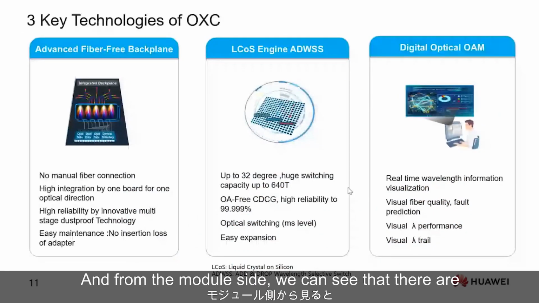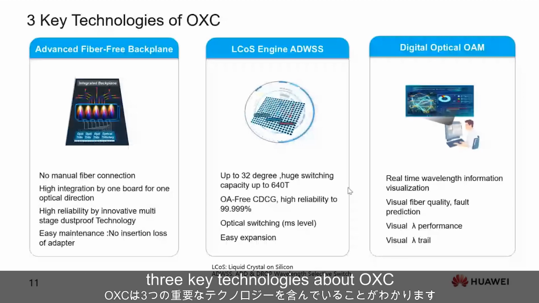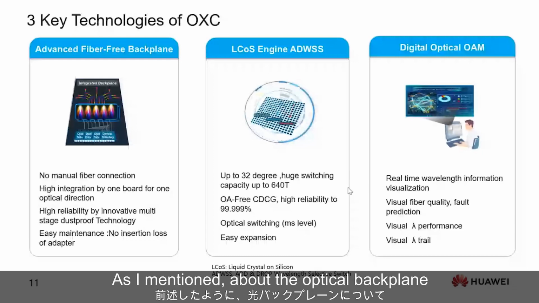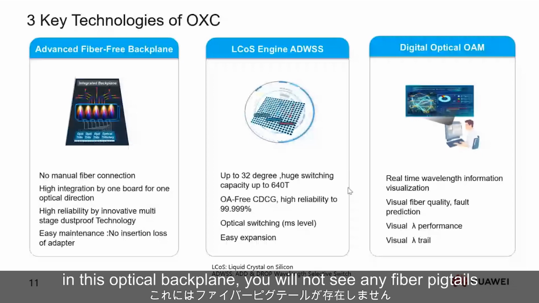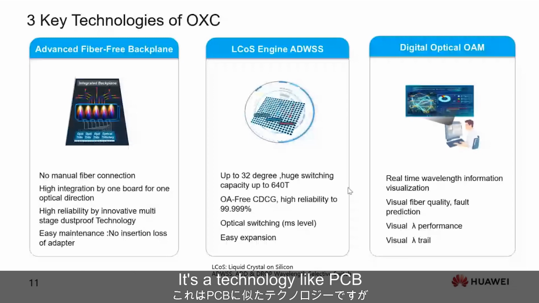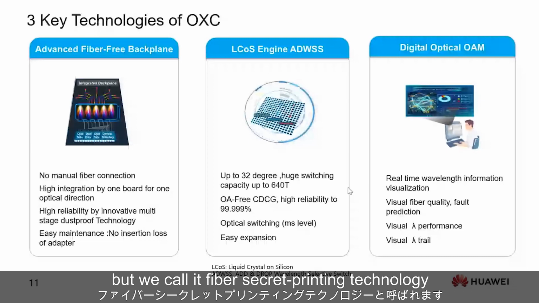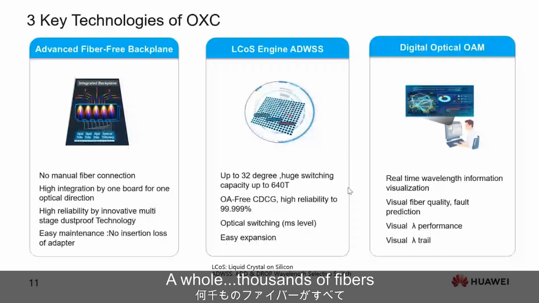And from the module side, we can see that there are 3 key technologies about this OXC. As mentioned, the first is the optical backplane. In this optical backplane, you will not see any fiber pigtails. It's totally like a PCB, but we call it fiber circuit printing technology.